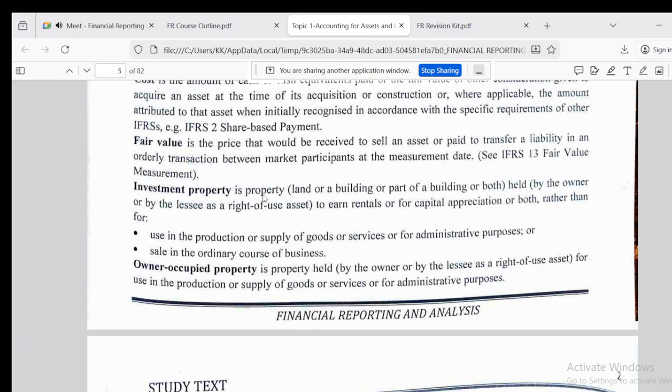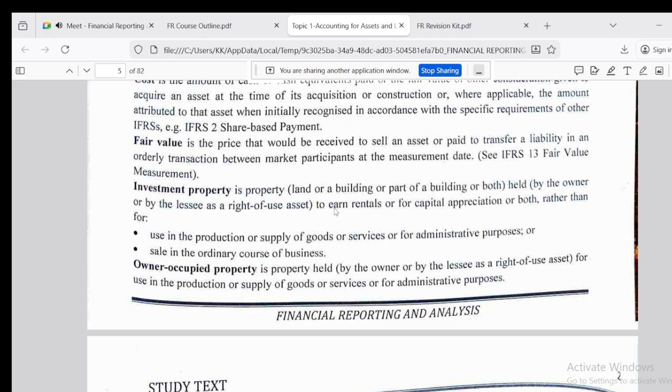Investment property is either land or building, or part of a building, or both, to earn rentals or for capital appreciation. For example, with land, maybe you bought 1 acre at 2 million, and after some years it appreciates. That is where we are talking about capital appreciation, or both.